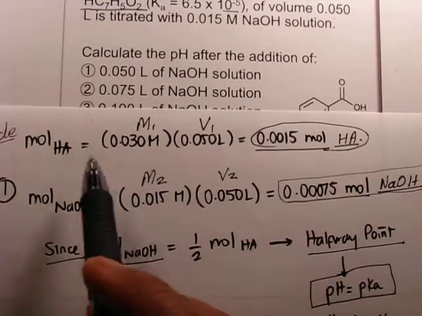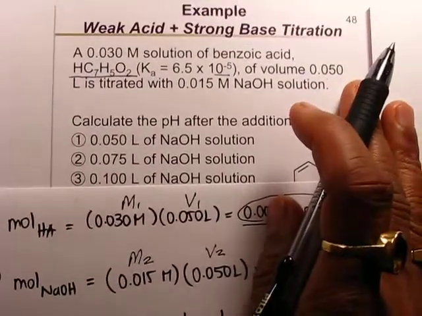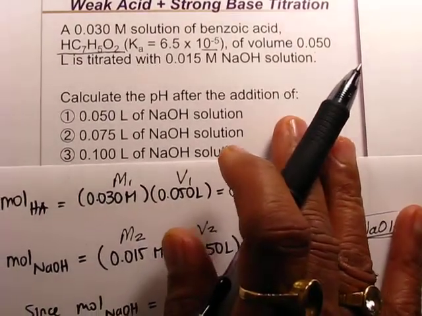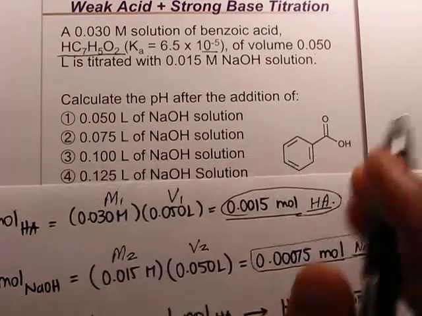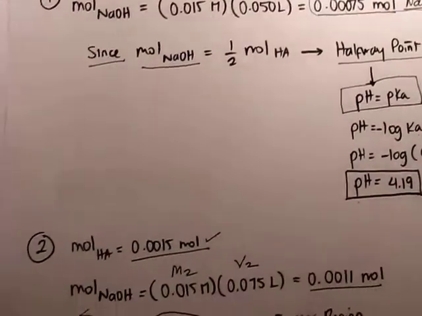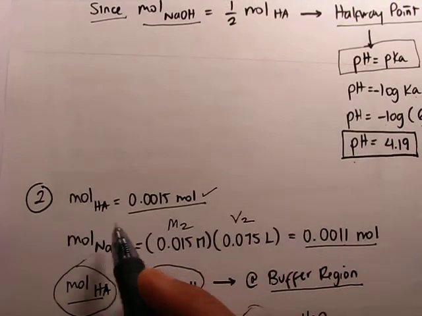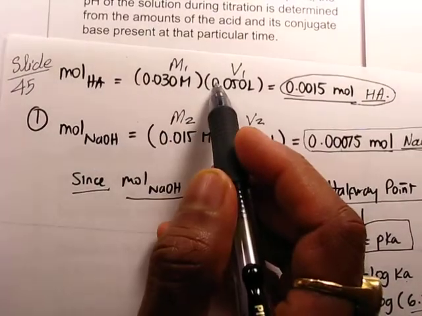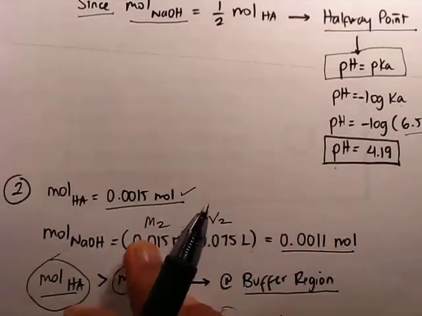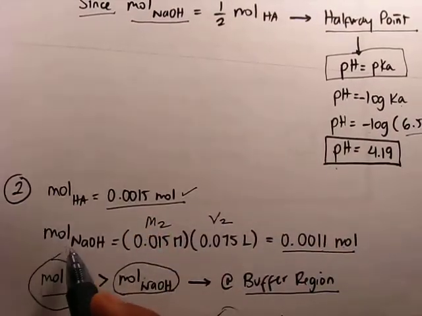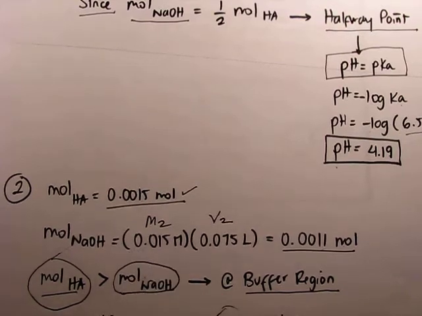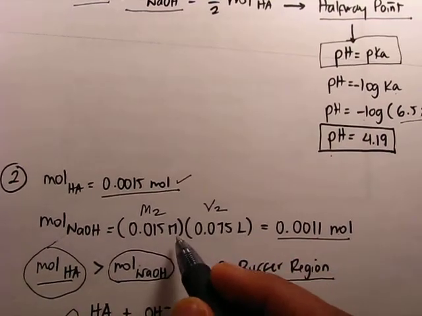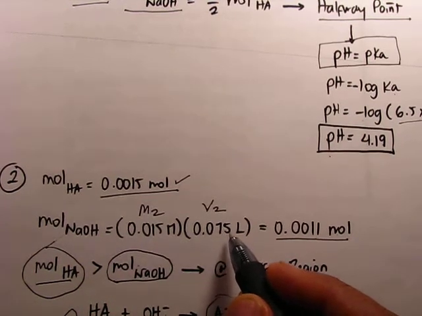The next question is if we add 0.075 liter of NaOH. We have already calculated the moles of acid, which is M1V1. Now we calculate M2V2 for the second condition: 0.015 molar and 0.075 liter.